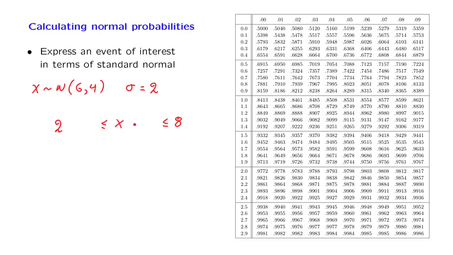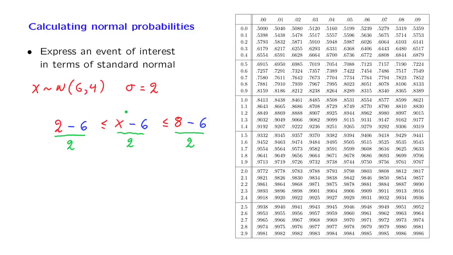This event is the same as the event that X minus 6 takes a value between 2 minus 6 and 8 minus 6. This event is the same as the original event we were interested in. We can also divide both sides of this inequality by the standard deviation, and the event of interest has now been expressed in this form.